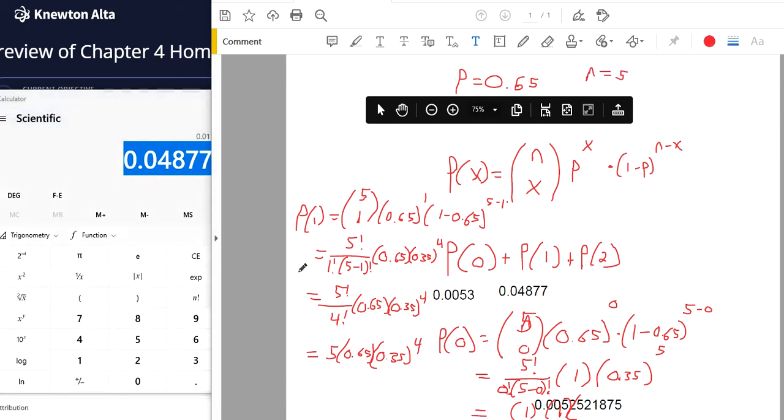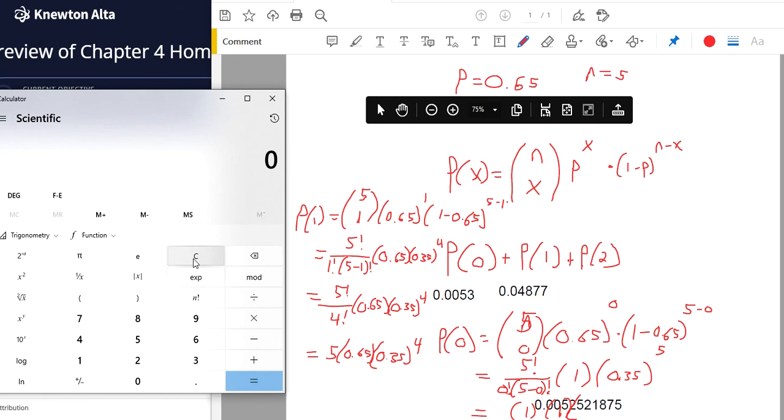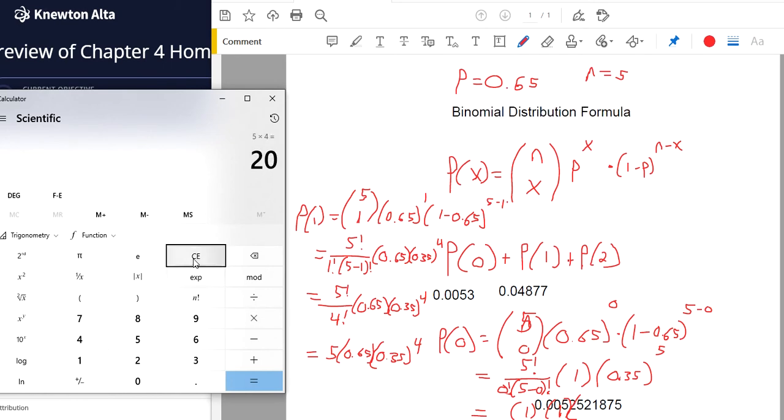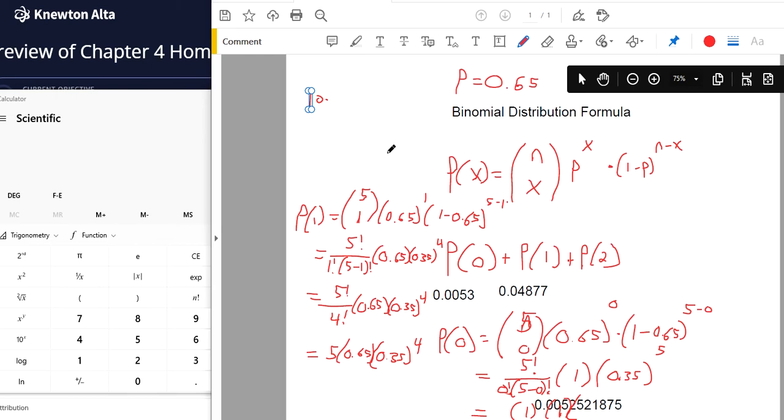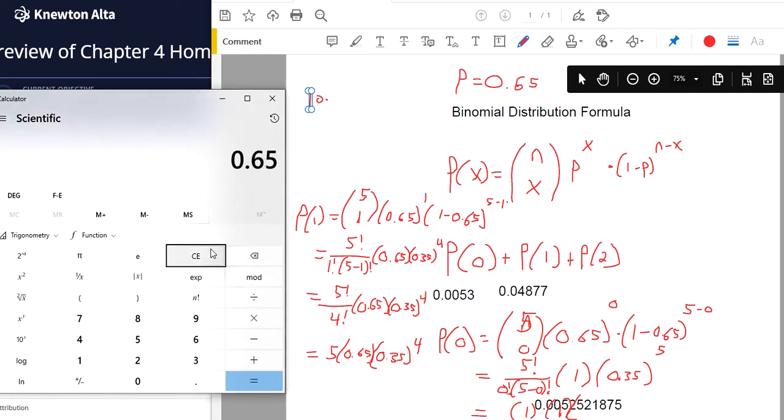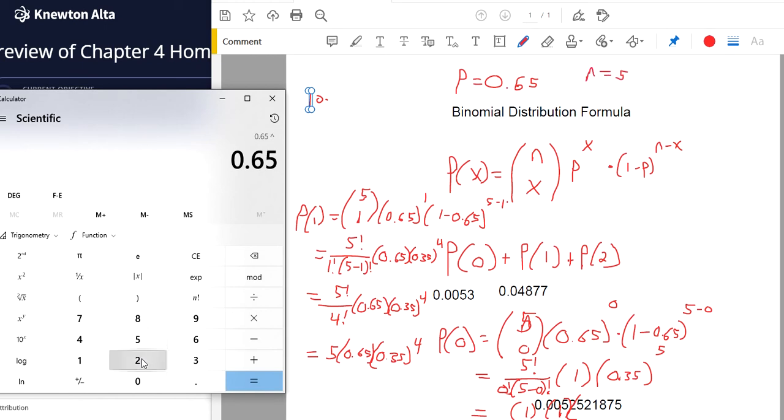And then for event 2, you just go back through the formula and do the same thing. Plug in 2. So 5 times 4 divided by 2, that's the 5 choose 2 part, so that's going to give us 10. Then 10 times 0.65 to the second power, and then I got 0.35 to the third power this time.